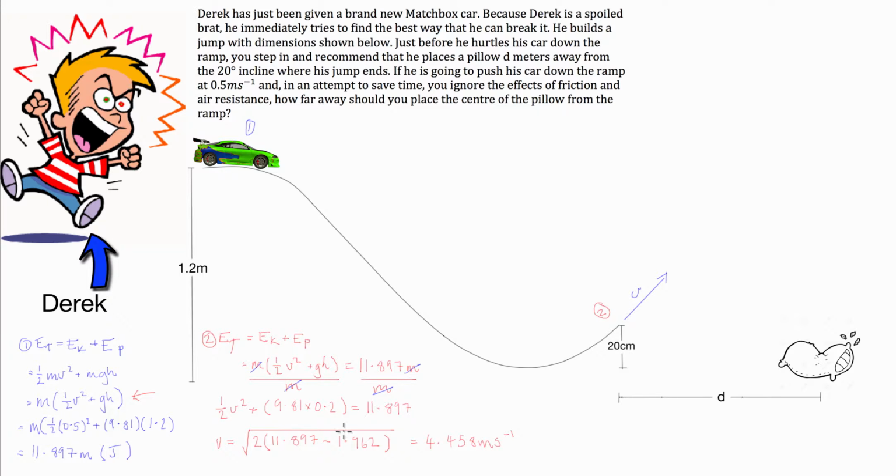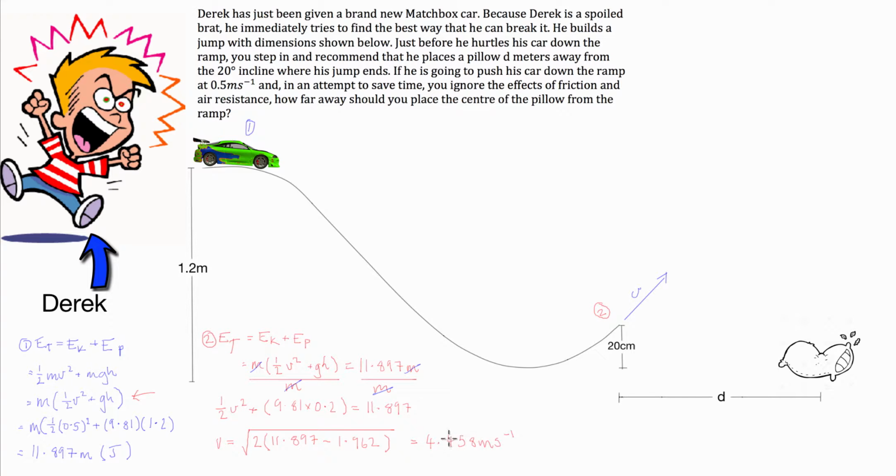Cool. So that's the first half of the question done. We've figured out what his velocity is going to be when the car launches off the ramp. All right. So that was our law of conservation of energy part of the question.